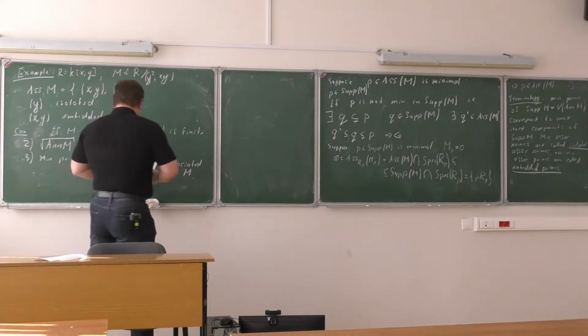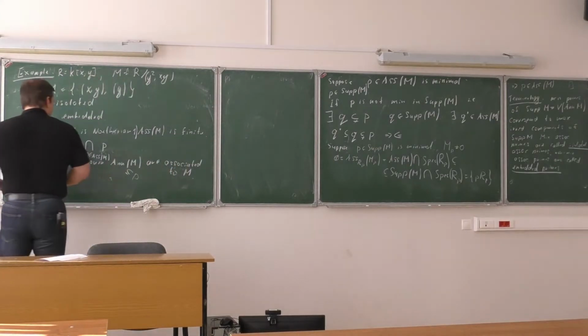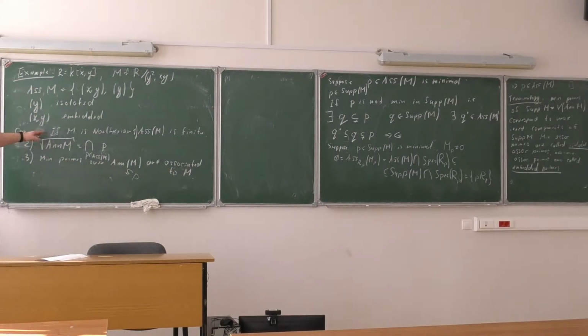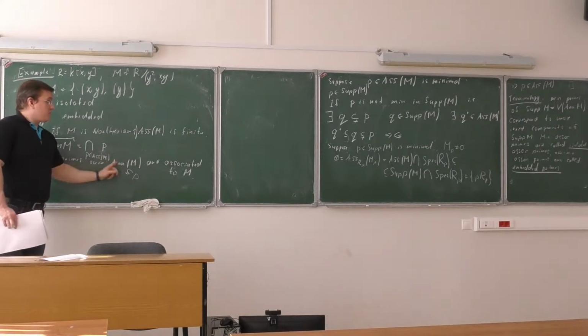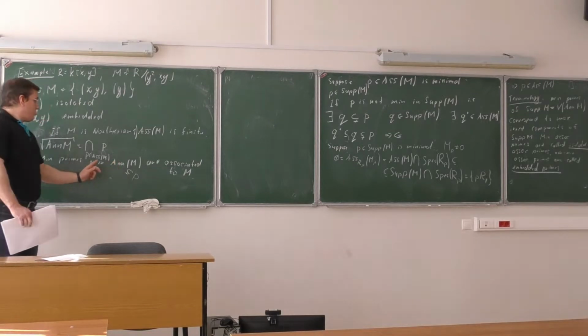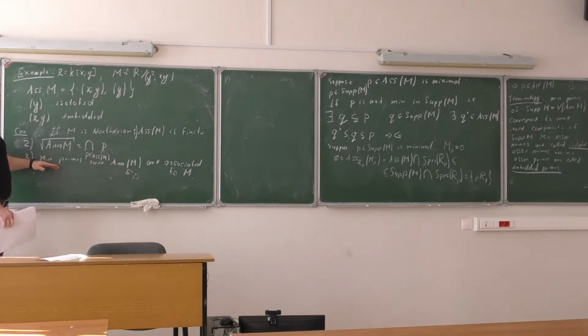So do I need to prove this? Well, since I continue to assume that M is Noetherian, in particular, this is a finite module, then I can say that prime ideals over this thing is the same thing as the prime ideals in the support. So I'm just talking about minimal ideals in the support again. So they are all associated, that we already know. So that's the proof of the last part of the statement.